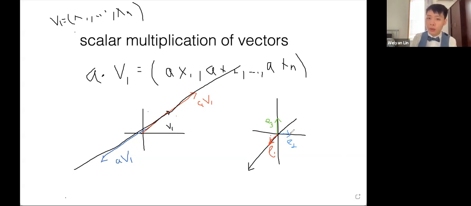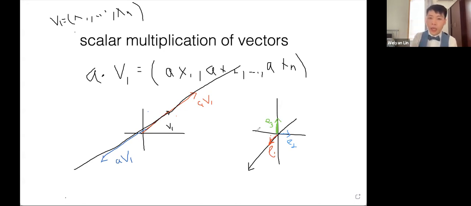E2 is at the y-axis and E3 at the z-axis. And also very important is the length, right? Because you only have one at that dimension, that means the length here is 1. Same thing for E1, the length is 1, E2 also 1.